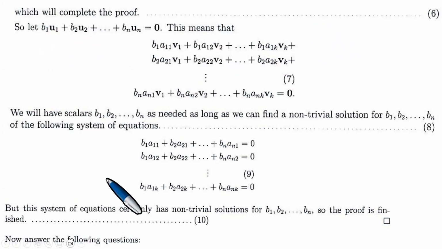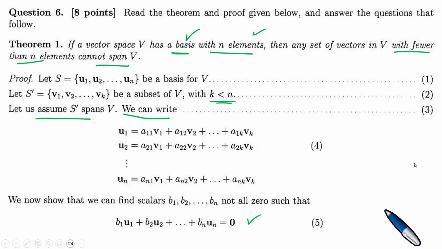Let's look at this very carefully. It's very easy. Our assumption is that S prime spans V. If S prime spans V, it means that you can write that linear combination.